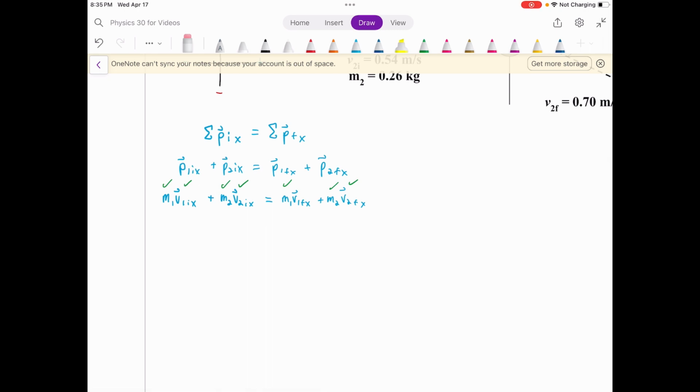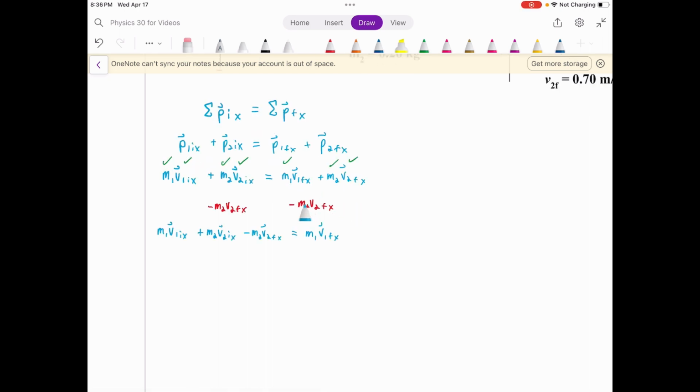So here we go. Let's isolate V1 final x. So subtract this from both sides because it's being added to m1 v1 final x. And we can pause here for a sec. The physics is speaking to us through the math. Here, this is the total initial x momentum, and we're taking away the final x momentum that's in object 2.